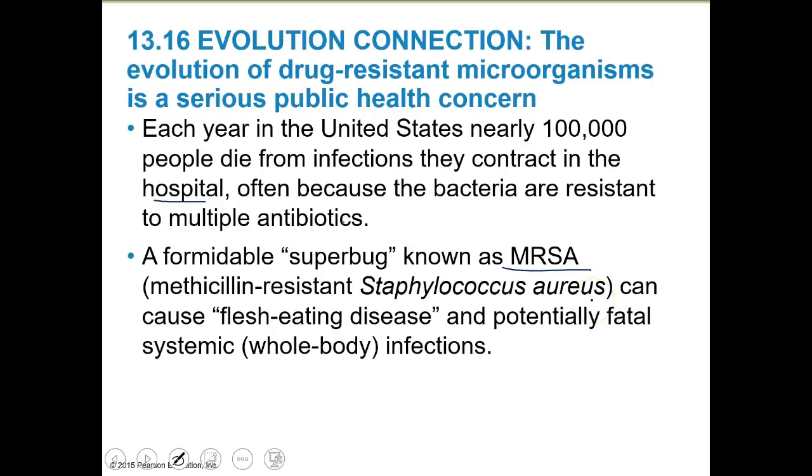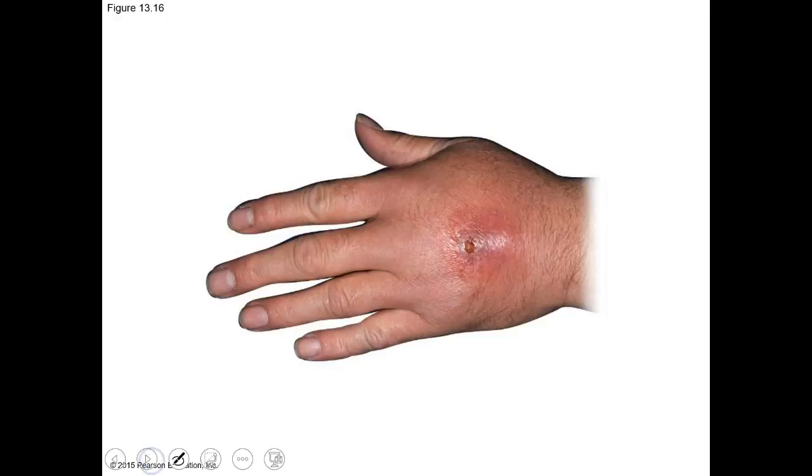That's also known as the flesh-eating disease, and it can be potentially fatal if it reaches the bloodstream and becomes a whole-body infection. It is resistant to all kinds of antibiotics, so MRSA is a tricky one. Here's an example of an MRSA case in a hand. That's a nice one. Like, there are uglier pictures.